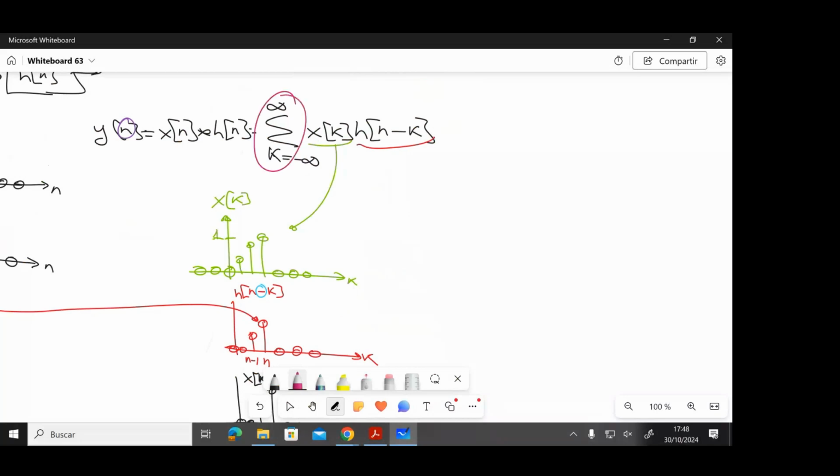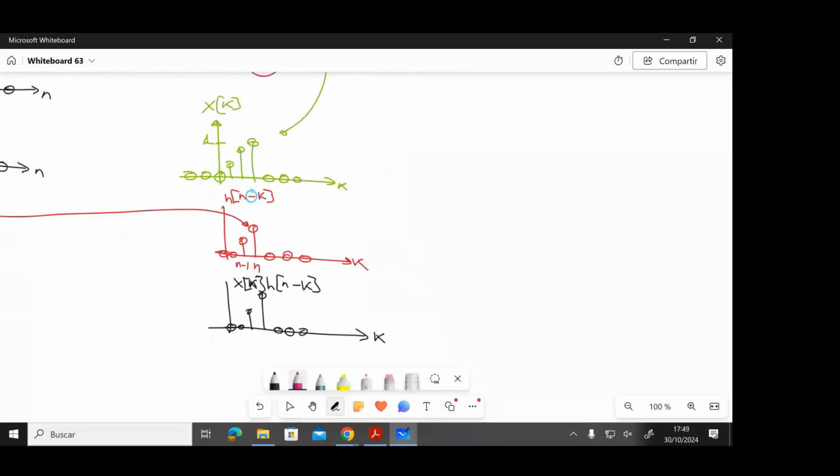So this sum here, you have to sum all of these values, and that will give you the number 10.